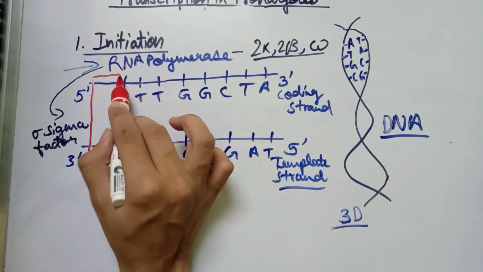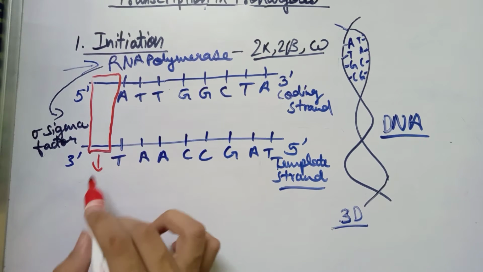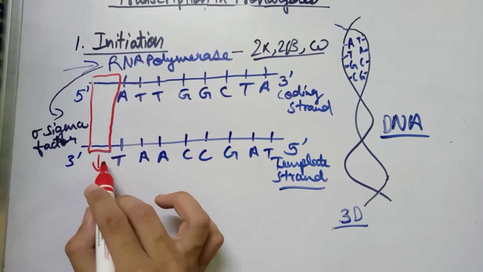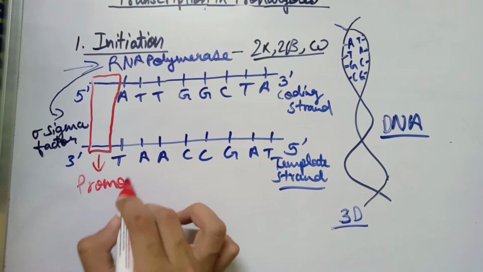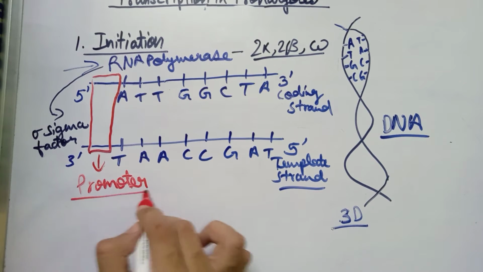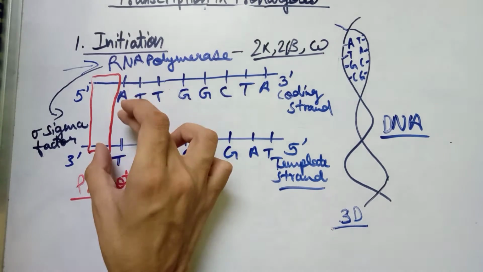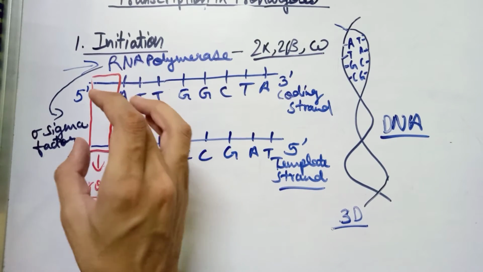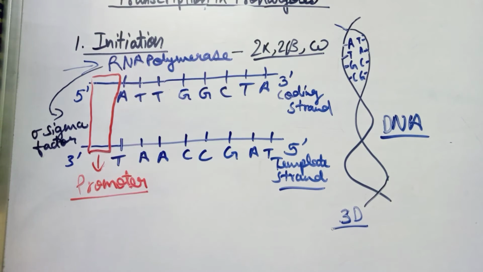Let's say this is that particular region of this gene sequence. So this region is known as the promoter. With the help of the promoter, the RNA polymerase knows exactly the region from where it has to start the transcription process. So this is the function of the promoter.